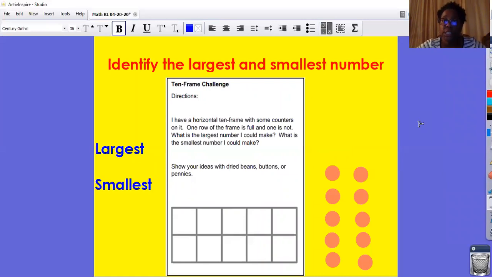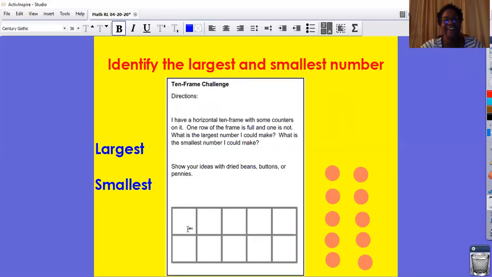Identify the largest and smallest number. This is a 10-frame challenge. Do you remember what this is called? I just said it. What is it called? Yes, a 10-frame. Why do they call it a 10-frame?